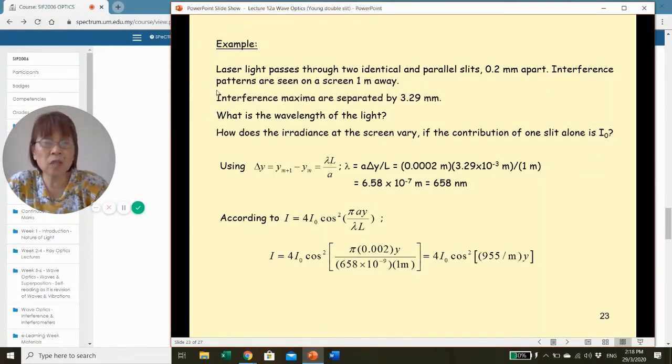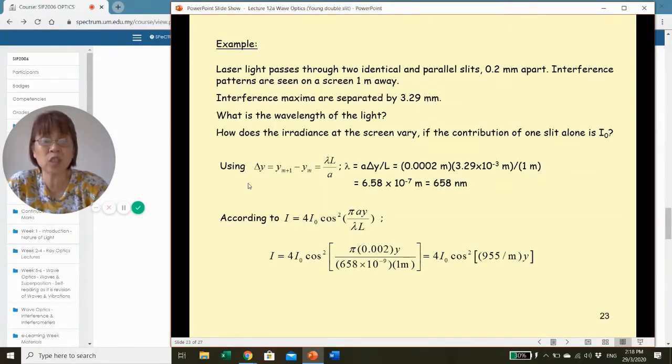So the laser beam passes through parallel slits which are 0.2 mm apart, and the screen is 1 meter away from the slits. You want the interference maxima to be separated by 3.29 mm. What wavelength are you going to use?